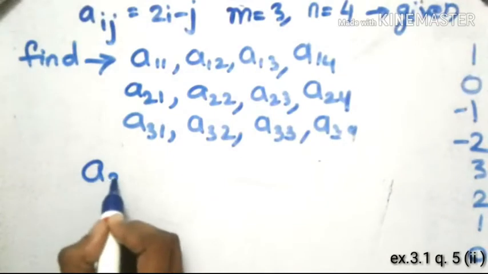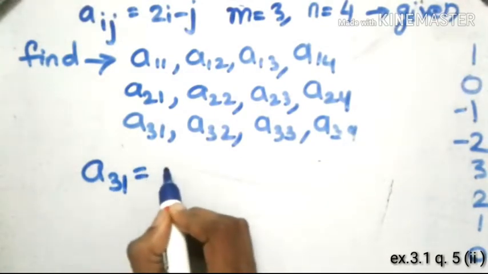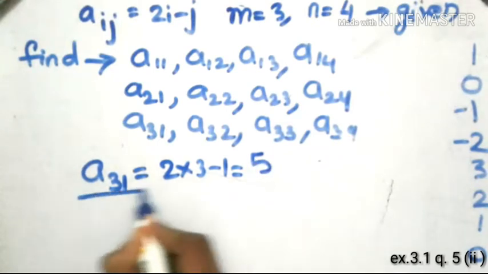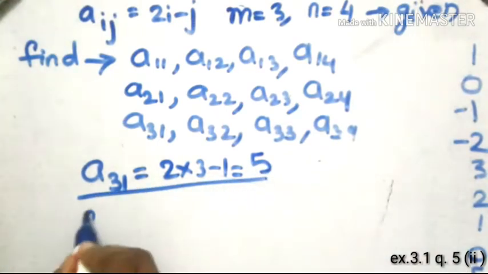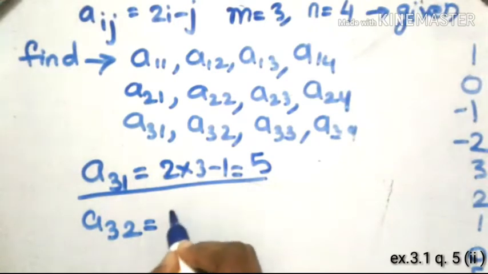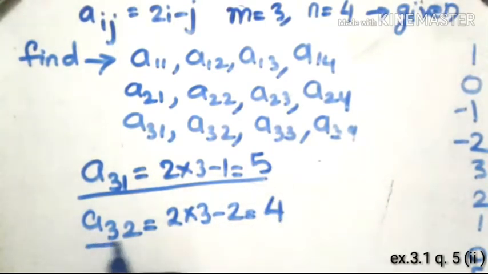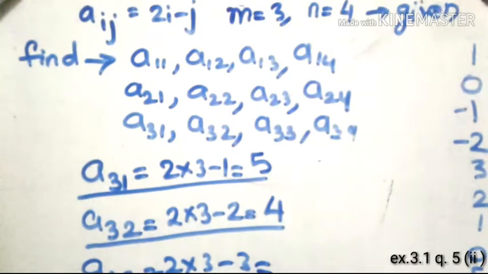The next one is A31. So 2 into 3 minus 1, that is 6 minus 1, I'll get 5. A32, 2 into 3 minus 2, which is 4. A33 will be 2 into 3 minus 3, 6 minus 3, which gives 3.